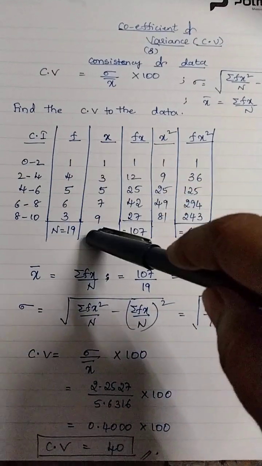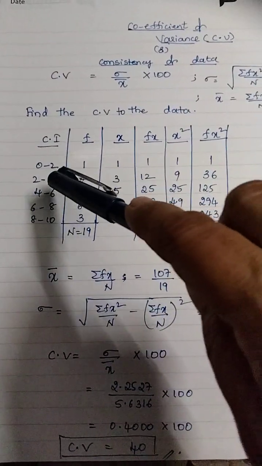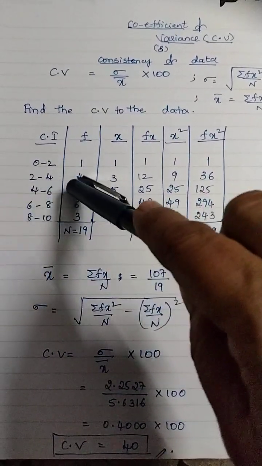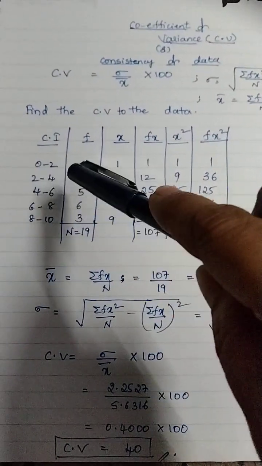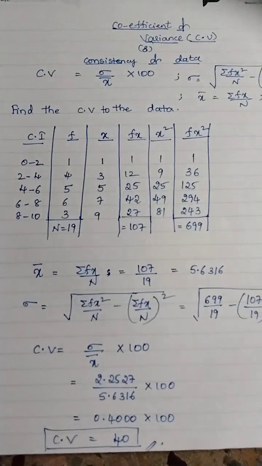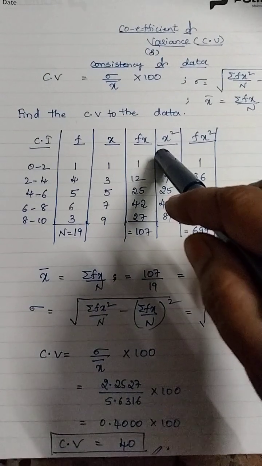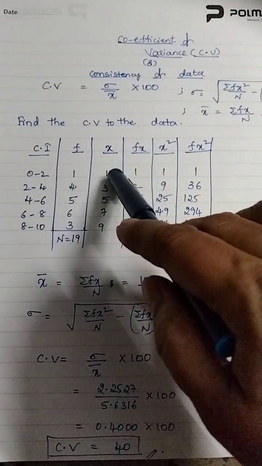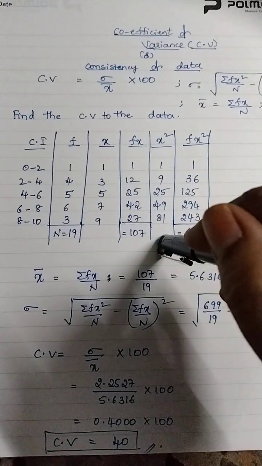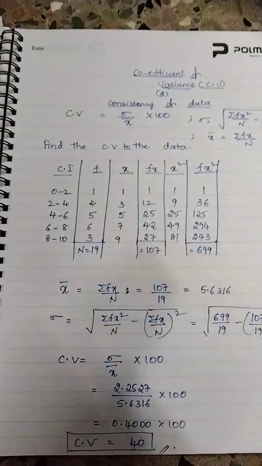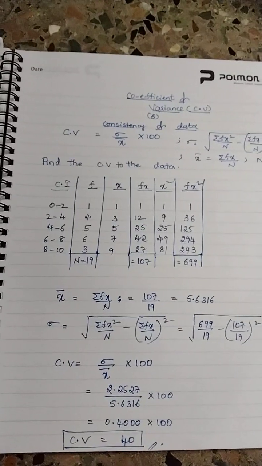So here x is nothing but middle values. 0 to 2, that is 0 plus 2 by 2, that is 1. Now 2 plus 4 by 2, that is 2 plus 4 is 6, 6 by 2 is 3. Likewise, you find the middle values first. Then you find fx, that is f into x. Then you have to find x square. These are the columns that you have to find for the standard deviation and variance, and even for the coefficient of variance.